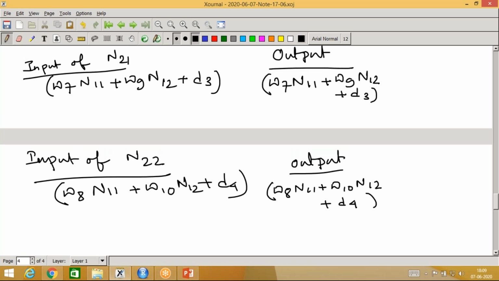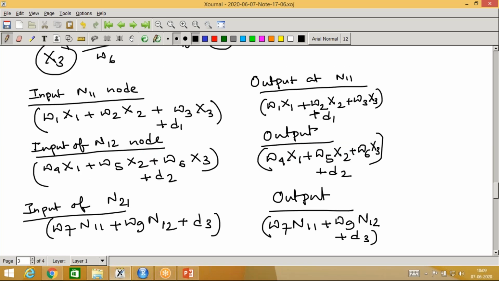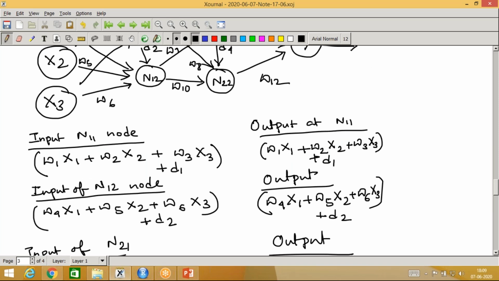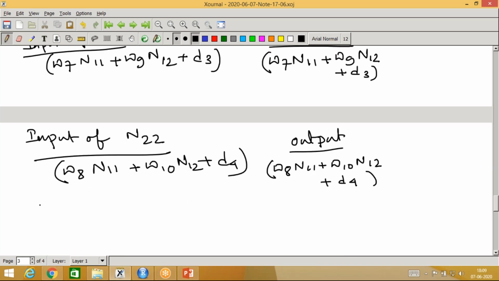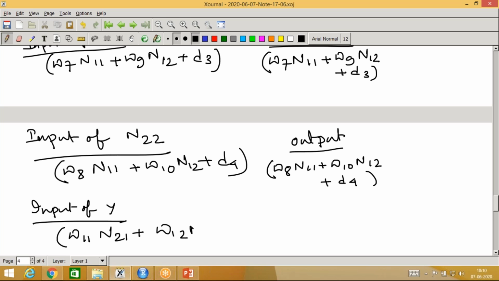Okay. And what is Y? Input of the Y variable, the last one, and the same is the output.